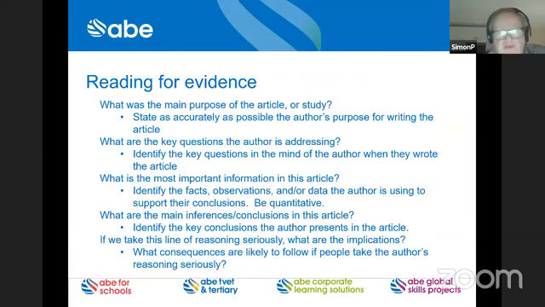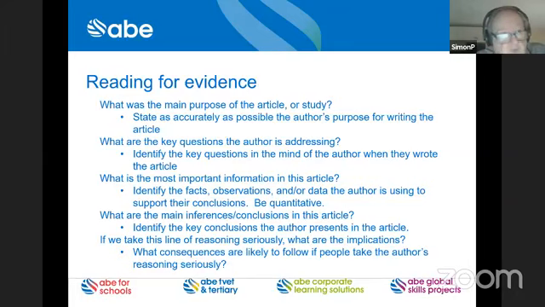So, looking at the source material, what we're suggesting here is that you read in order to acquire evidence, and also to give you some tools and some perspective about how to evaluate the effectiveness of the evidence. So think about, in either a journal or an article or a study, what the main purpose of the article is.